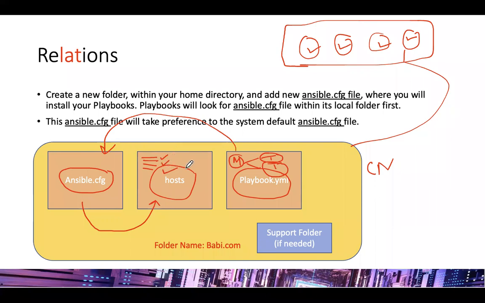Once they are identified, the playbook is executed. Please remember that once you have the CFG file placed in your custom folder, it will take preference over the system default configuration file. If your custom CFG file is not available, it will check for the system default configuration file.